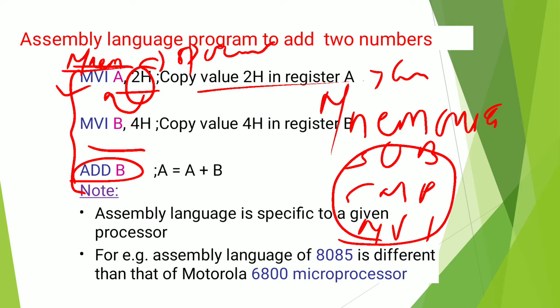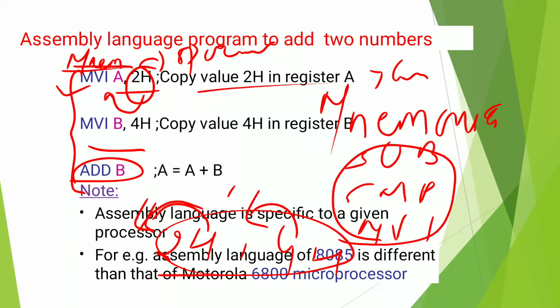Suppose here I am taking the numbers or data 2H and 4H. First I have to take these numbers into a register. After that I will add these two numbers. So here I am taking the instruction MVI A, 2H. Means 2H data is moved to the accumulator.